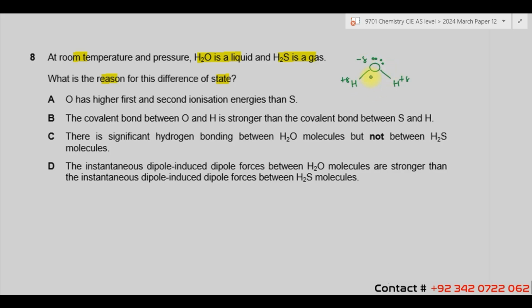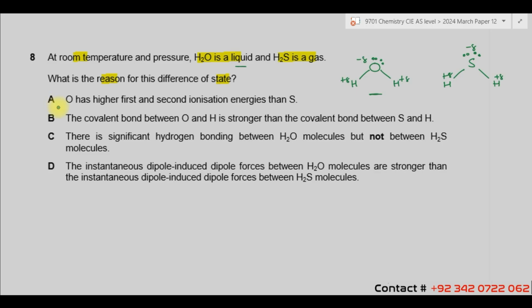So a water molecule can form hydrogen bonds with other water molecules, while in H2S we have sulfur bonded to 2 hydrogen atoms. There is no hydrogen bonding, although it is also a polar molecule. So because of hydrogen bonding, water has high melting and boiling point. So that's why it is a liquid.